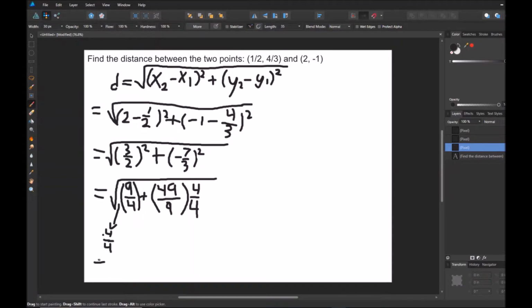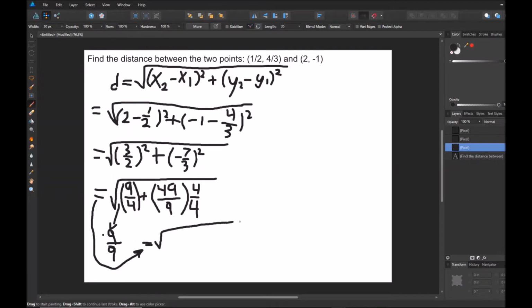Sorry, hold on. We're going to multiply this one by 9 over 9, because 4 times 4 would be 16, but 4 times 9 is 36. So now let me just draw this down here.